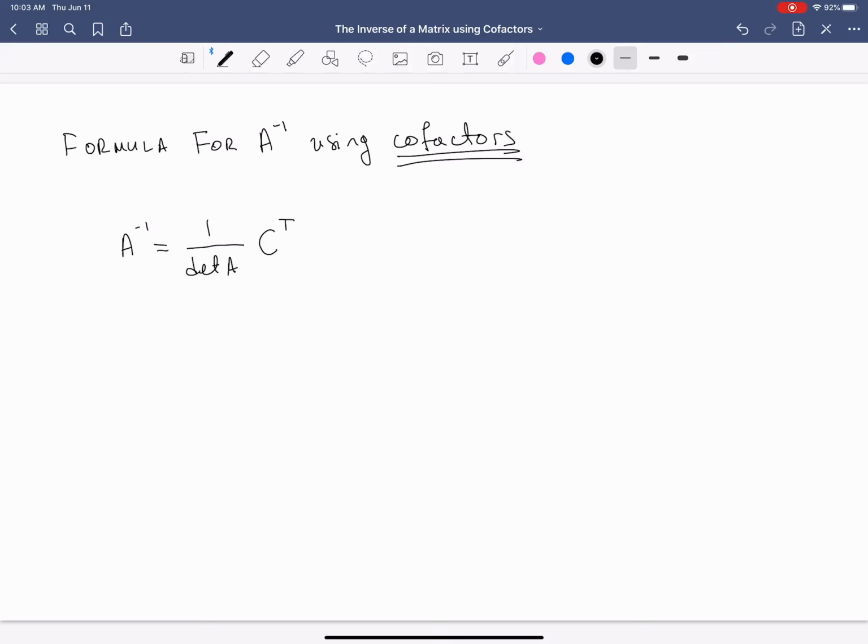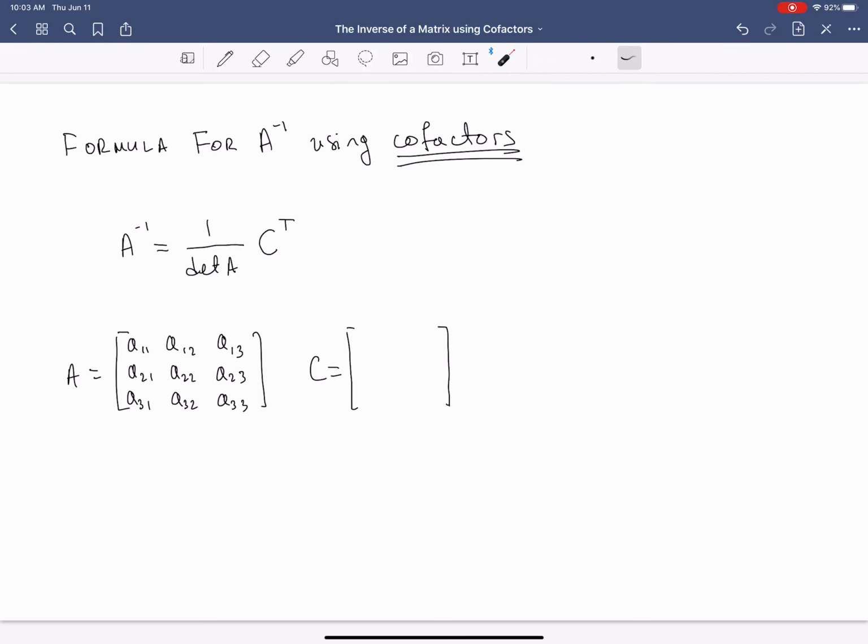Well, if you have the matrix A, say I'll just do it for the 3 by 3 case. You have A11, A12, A13, A21, A22, A23, A31, A32, A33. Then the cofactor matrix is the matrix that you get by computing the cofactors for each of the components.